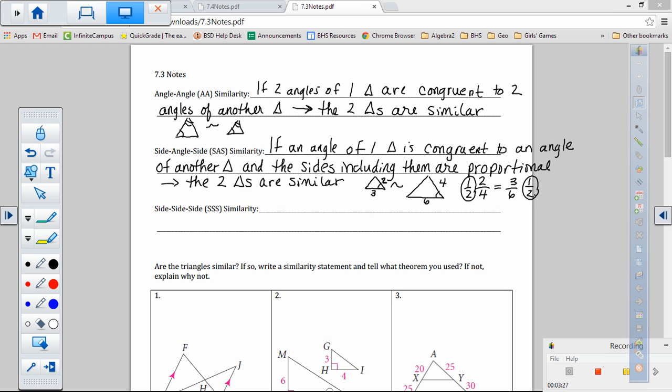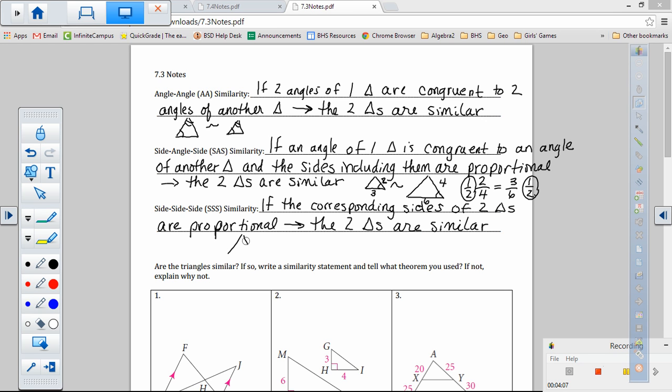Okay? Side, side, side. If the corresponding sides of two triangles are proportional, then the two triangles are similar.